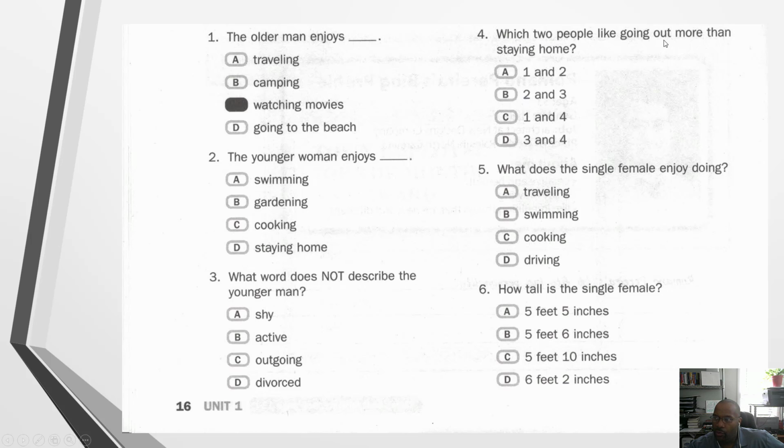Which two people like going out more than staying home? I chose D, 3 and 4. What does the single female enjoy doing? I put down C, cooking. How tall is the single female? I wrote down B, 5 feet 6 inches.